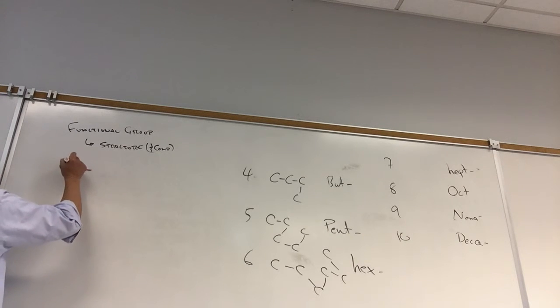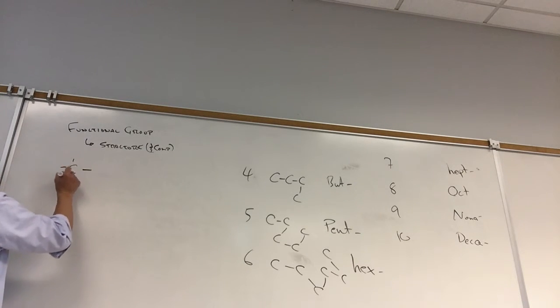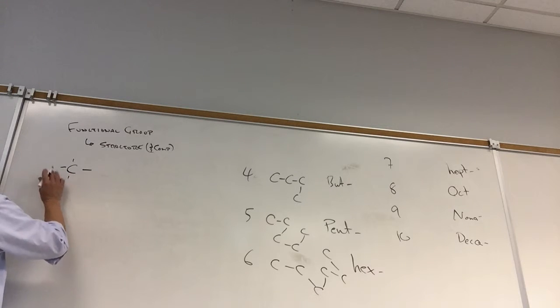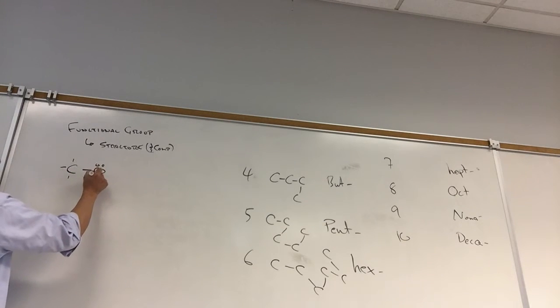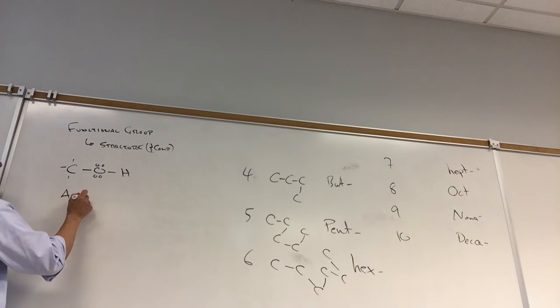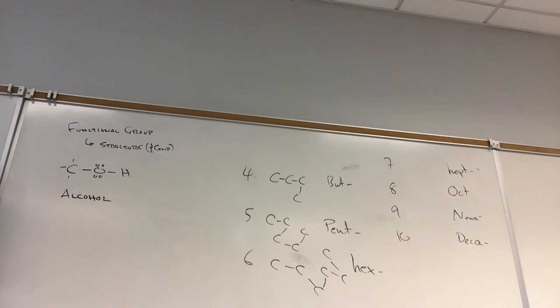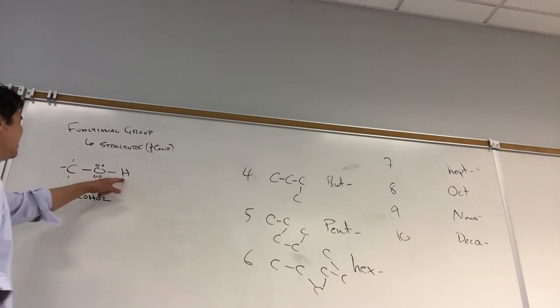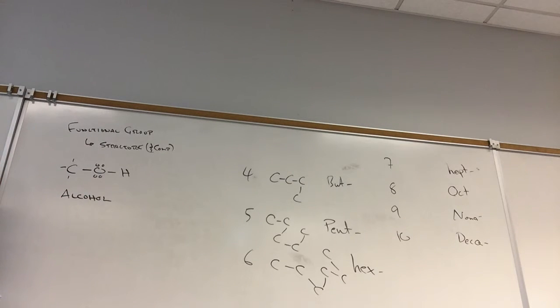So for example, if we have a carbon that's bonded to other stuff, it's not oxygen, but a carbon like this, we call this an alcohol functional group. And so, for example, methanol is going to have one of these COH type links in here. It's alcohol. If we have a double bond on this oxygen, it looks like an alcohol, but it isn't.